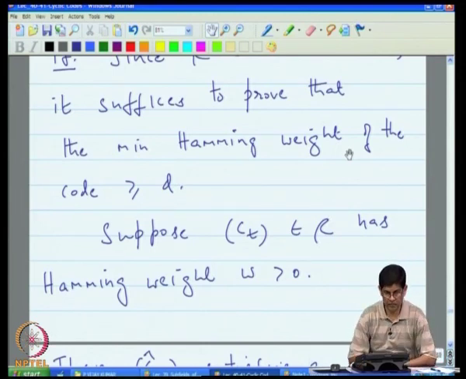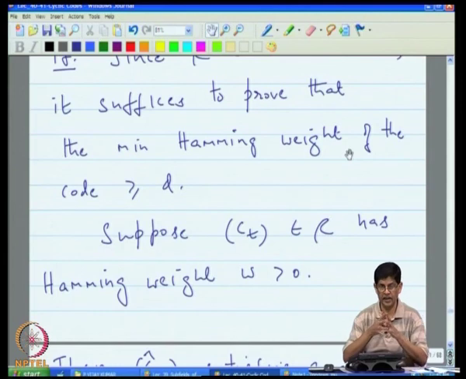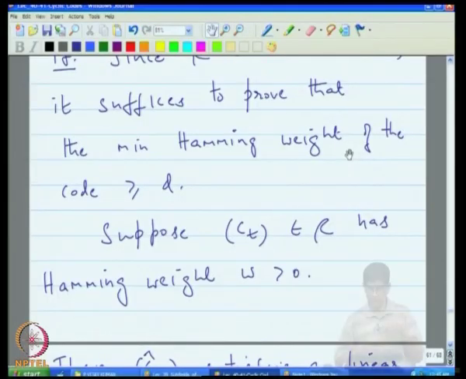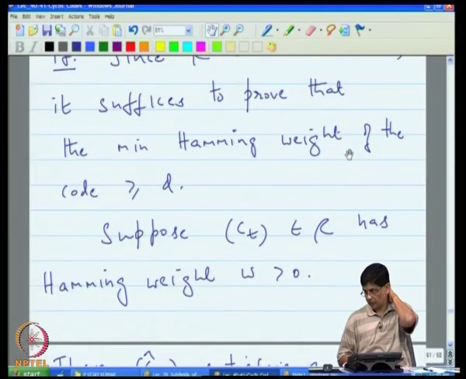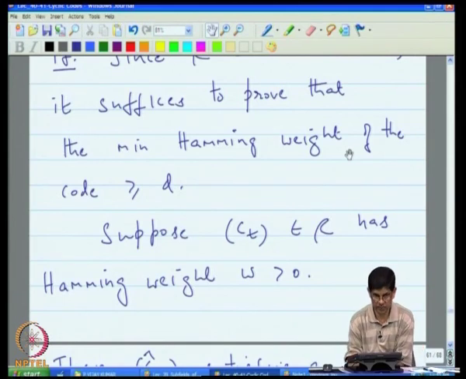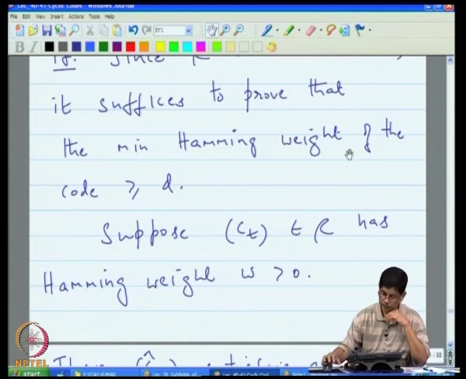That is, the minimum Hamming distance of a linear code over any finite field, that is, whose symbol alphabet is any finite field, has the property that the minimum non-zero Hamming weight is equal to the minimum Hamming distance.